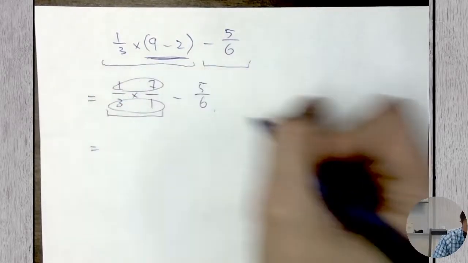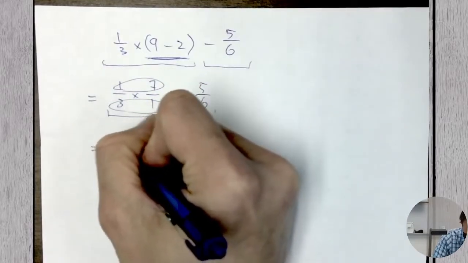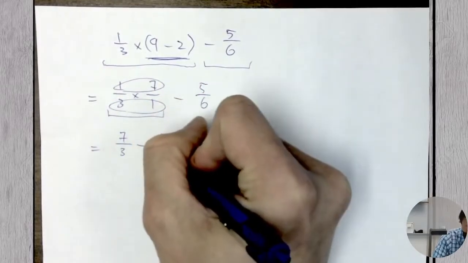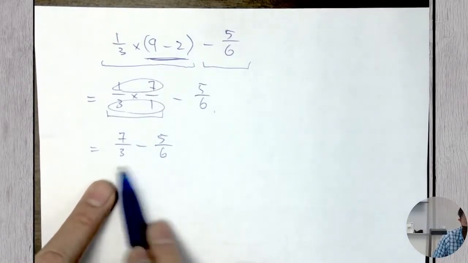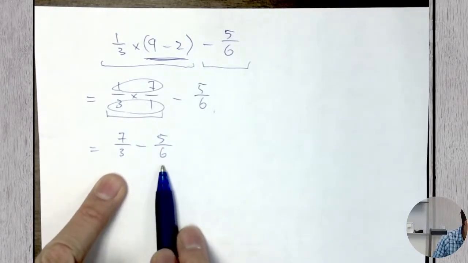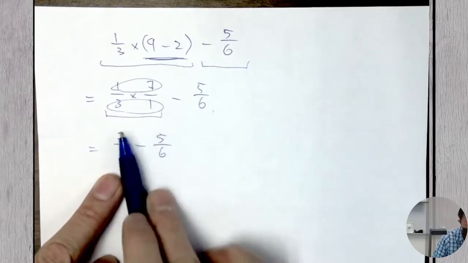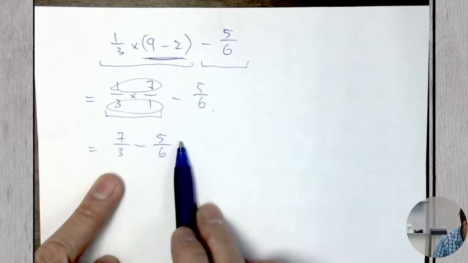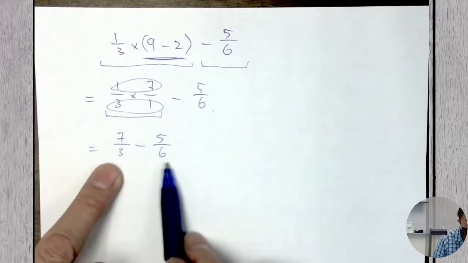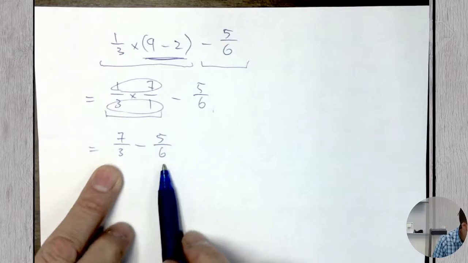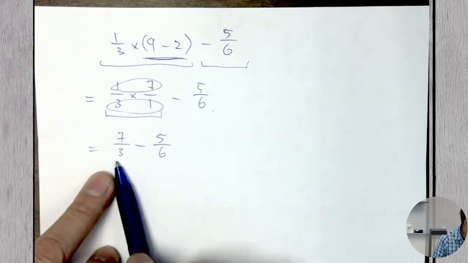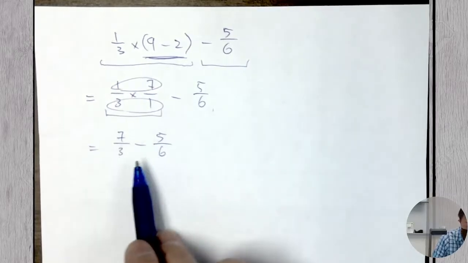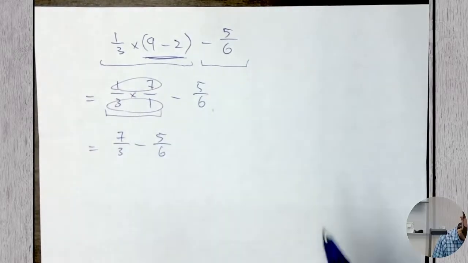Top times top, bottom times bottom, 7 over 3 minus 5 over 6. It's very important to recognize that I have operation between 2 terms. I'm not multiplying, I'm not dividing, so don't times the top number or anything. When you have fraction in separate terms, you gotta have same denominator before you subtract them. Okay, if the denominators are not the same, you can't subtract them.